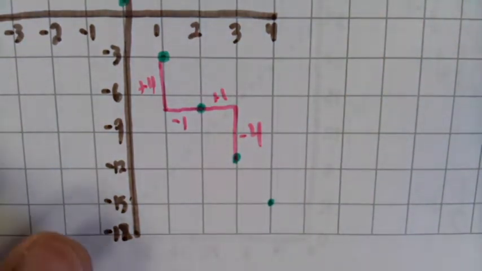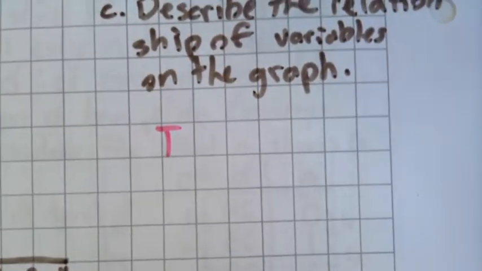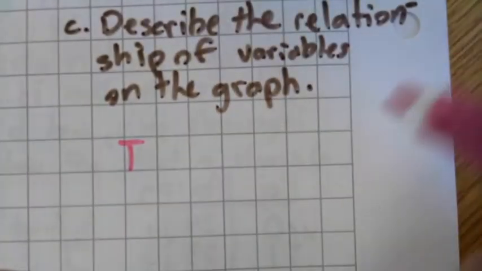So how would I describe it? I would say, oh, I tilted the camera a little weird. Describe the relationship of variables on the graph.